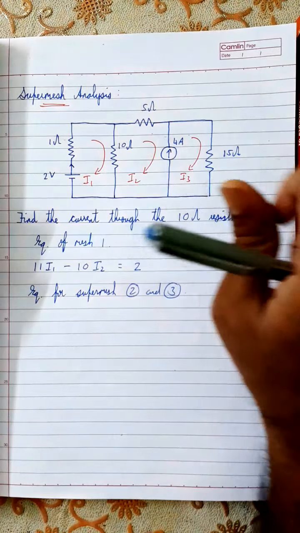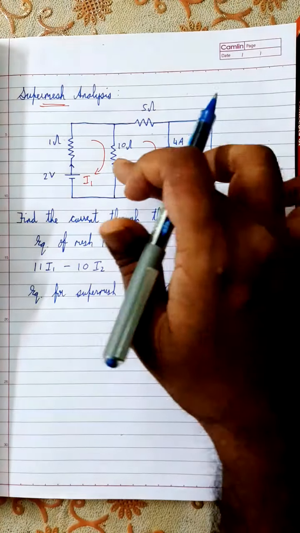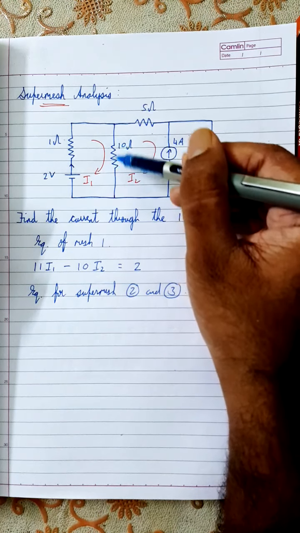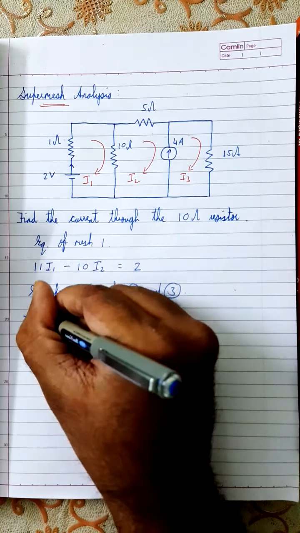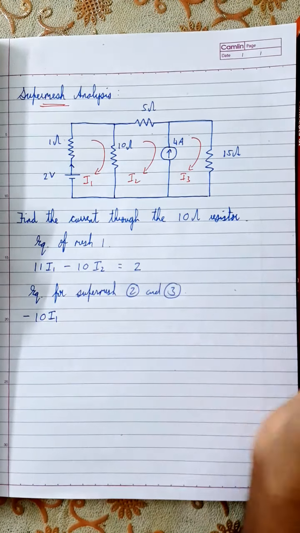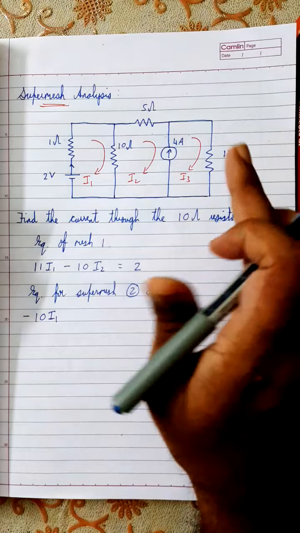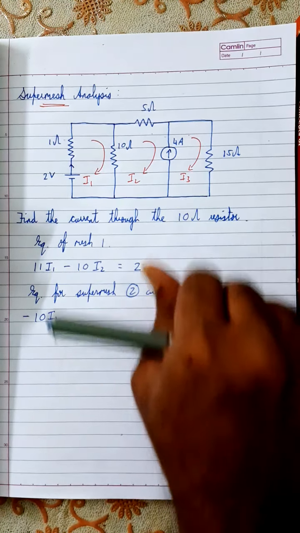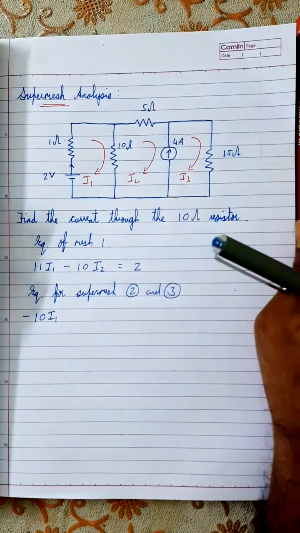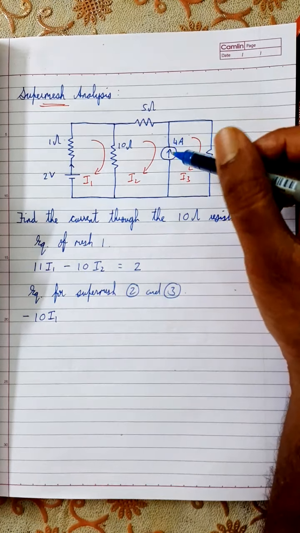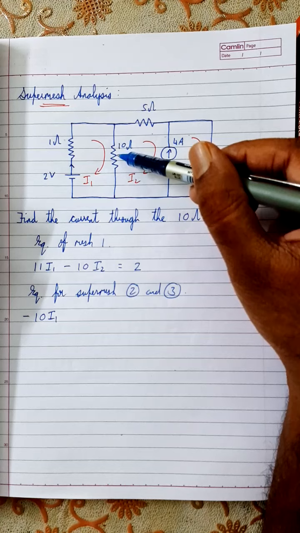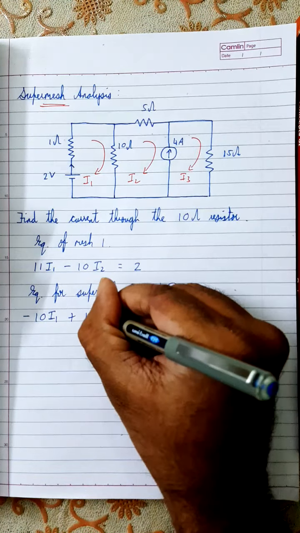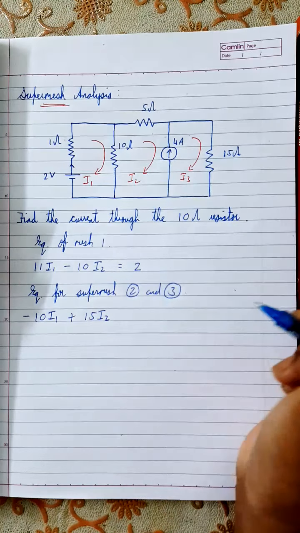That is what super mesh means. So in this case, I1 touches this 10 ohm resistor, which means it becomes minus 10 I1, right? And now I2 and I3 are positive because this is super mesh 2 and 3. And what all does I2 touch? I2 touches this 10 ohm resistor and this 5 ohm resistor. Therefore, it is 15 I2.